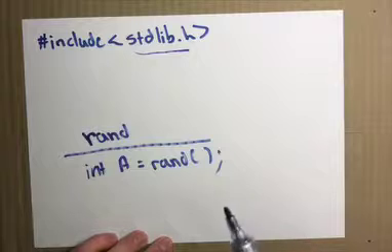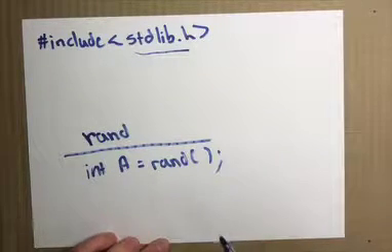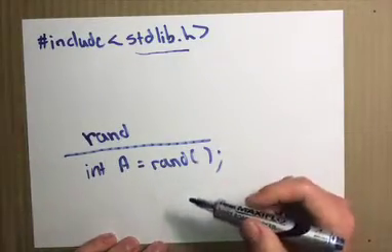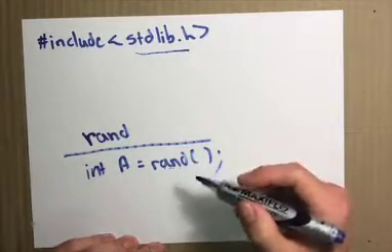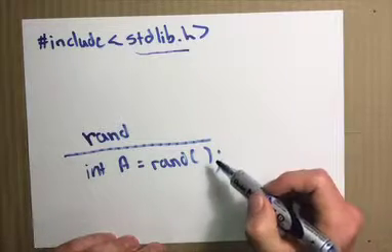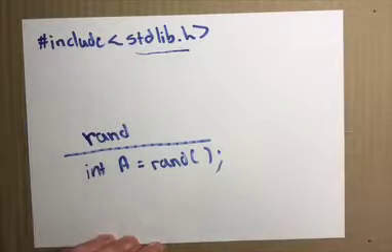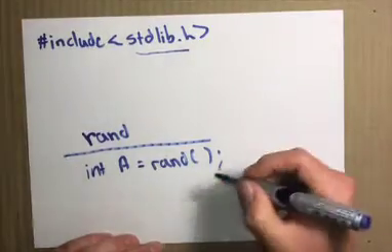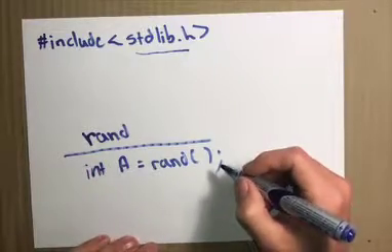Now, luckily, in the generation of random numbers, they said, okay, for us to get a random number, we also need to give this rand function a seed. So what's a seed? It's a value that we give that function to make it more random.